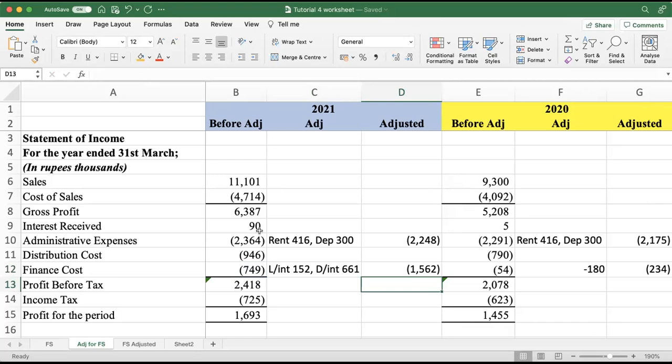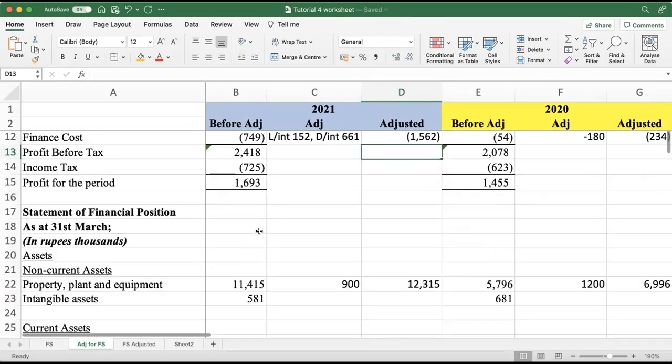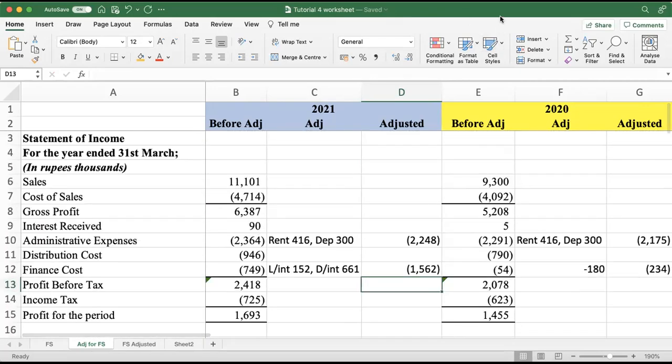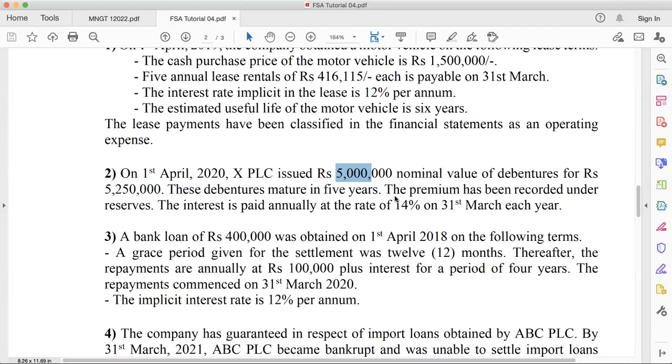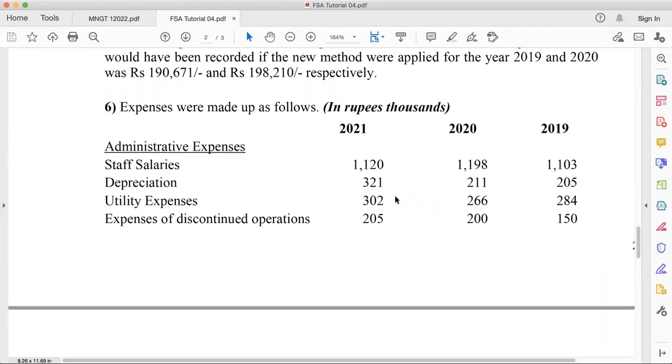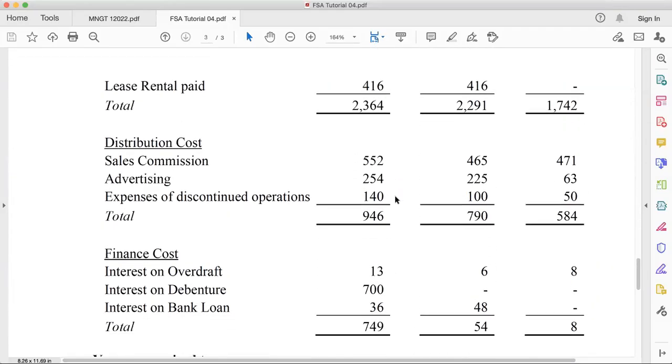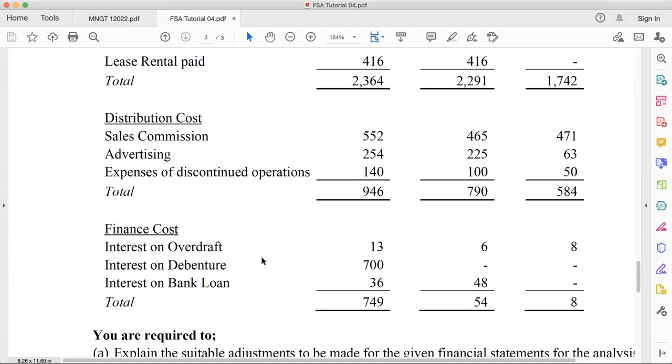You see in your question, additional information number 6, finance cost included debenture interest 700. So this is wrong.